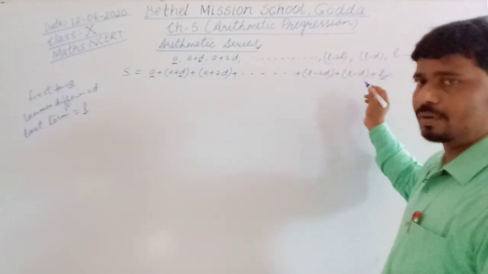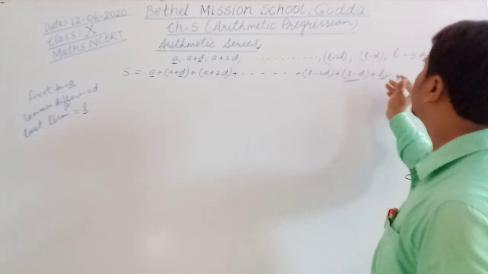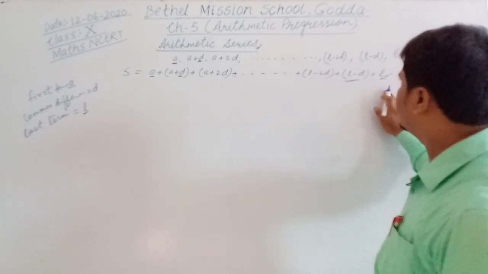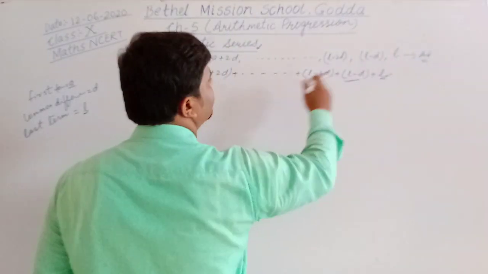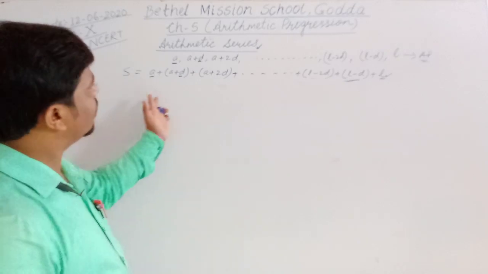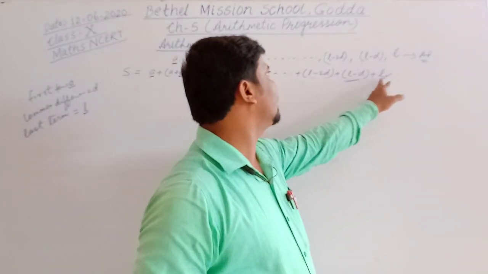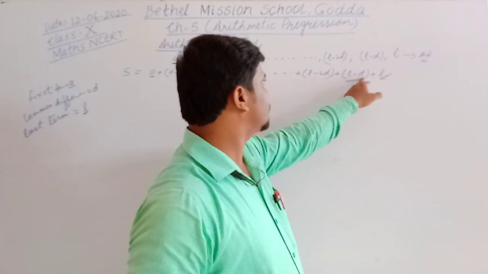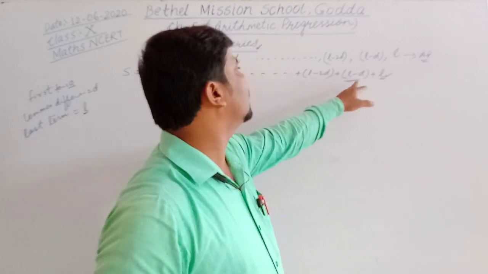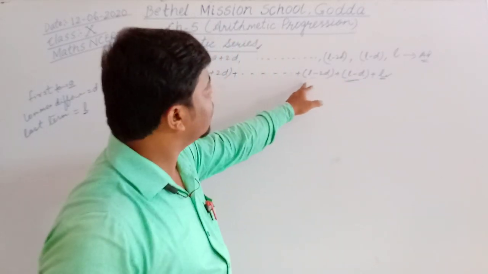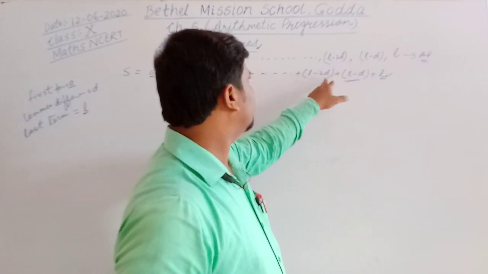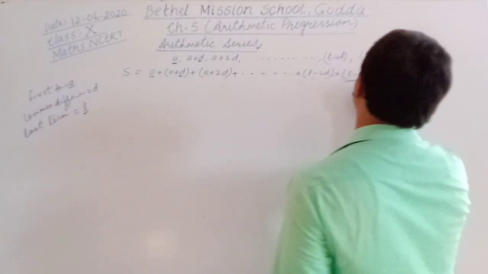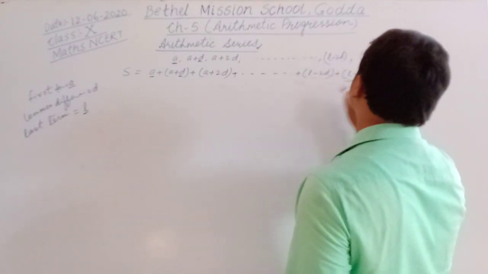The last term is L. For getting the previous one, the second last, obviously this is in ascending order, so smaller to greater. For getting the second last, we need to subtract the common difference from the last term. For getting the third last, you subtract the common difference again from the second last term.